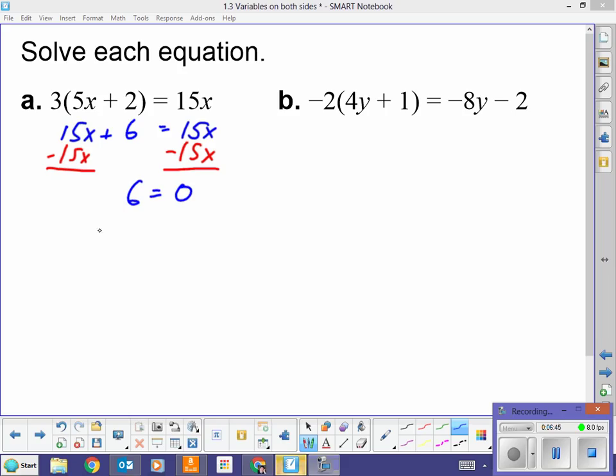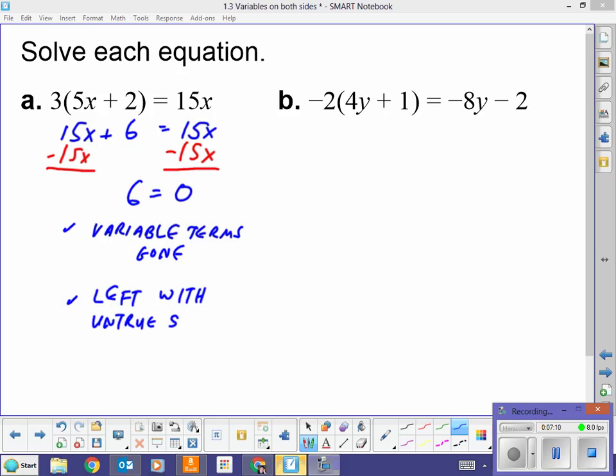Okay, the variable terms are gone, and I'm left with an untrue statement. Okay, so if I get left with an untrue statement, this is no solution.